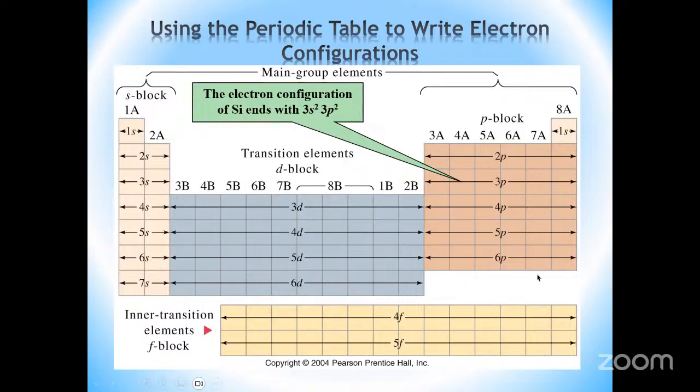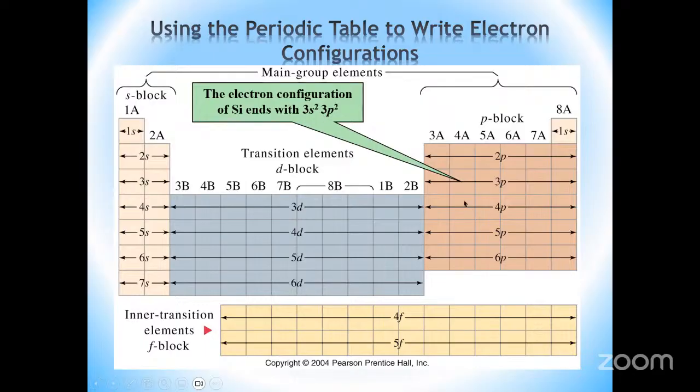Now, this green box here is highlighting the fact that in the case of silicon, the electron configuration at the end, or at the higher energy orbital, is 3s2, 3p2. And you're going to find a similar arrangement for all the elements in group 4A, right? In the case of carbon, the configuration will end with 2s2, 2p2.